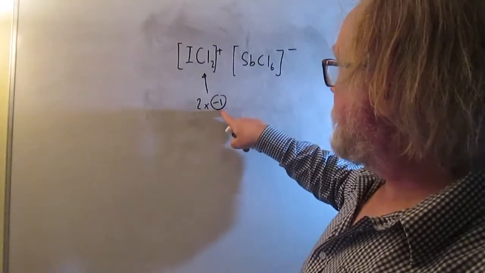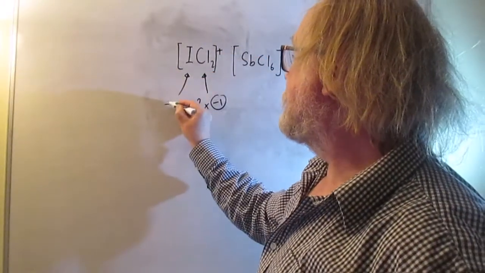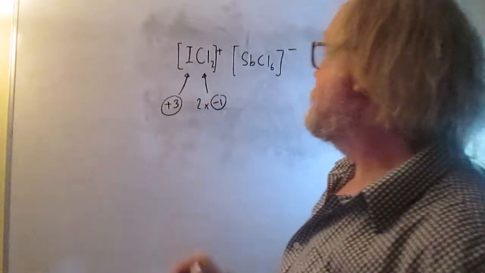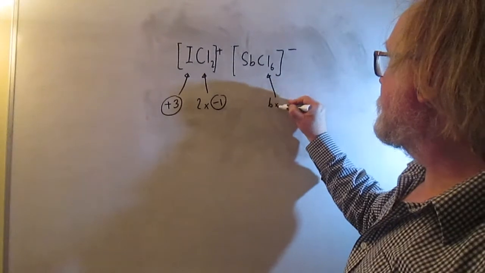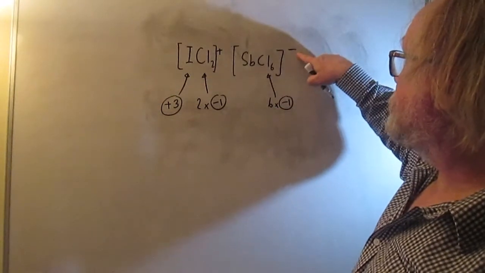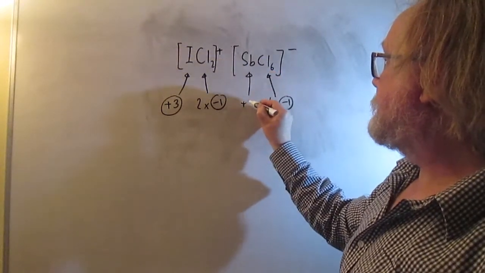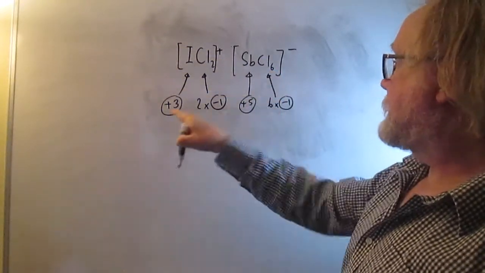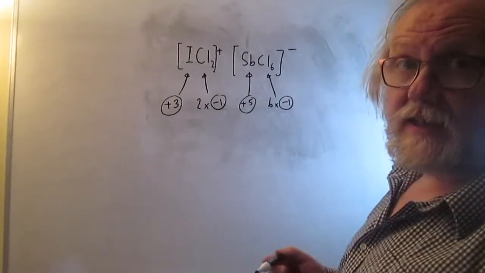So to get from -2 to +1, you can immediately deduce the iodine is +3. And then for this one we've got 6 lots of -1. And again, to get from -6 to -1, which is the overall charge on that ion, the antimony is +5. Okay, so +3, +5 is the right combination, and so the answer is C.